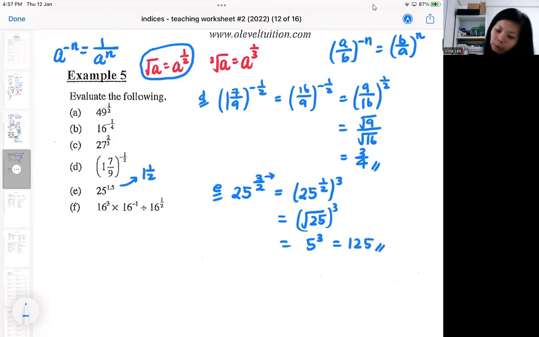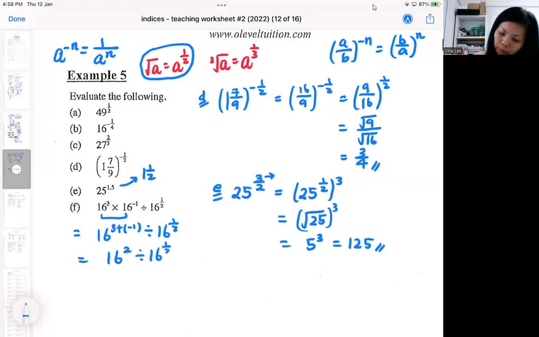For part F, we also have negative power. We also have fraction power. But what I can see is this looks like a same base multiplication and same base division. So I'm going to do the same base multiplication first. Then I'm going to do the same base division, so I'm going to subtract.